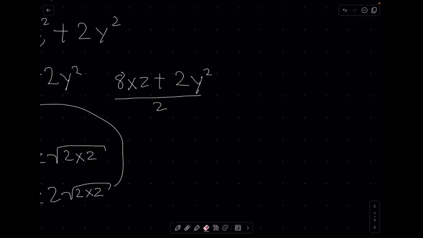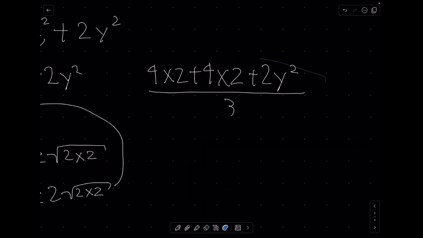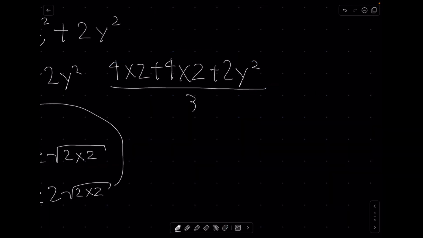So what we're actually going to do is split up the 8xz term into two 4xz terms. So it's going to look like this, over 3, is greater than or equal to the cube root of 4xz times 4xz times 2y squared.